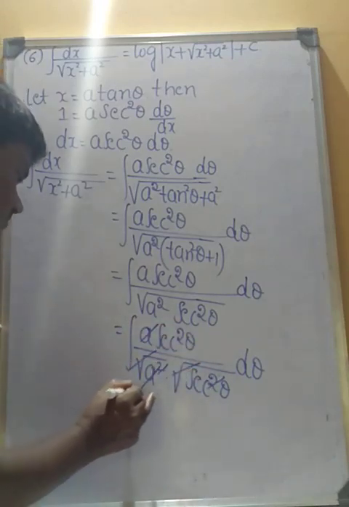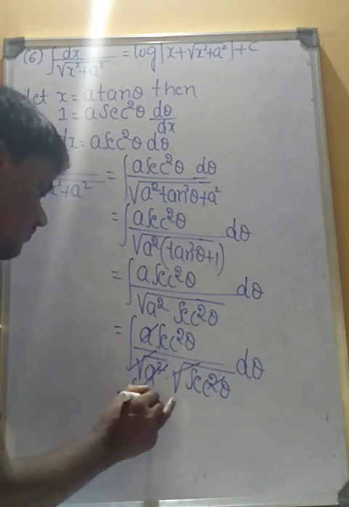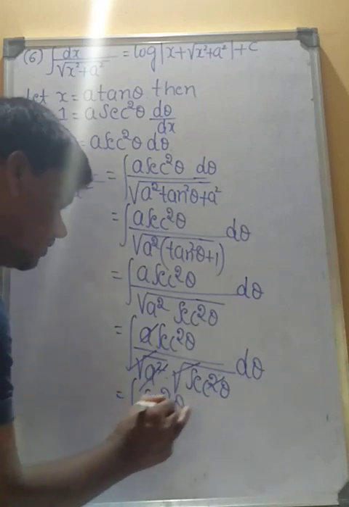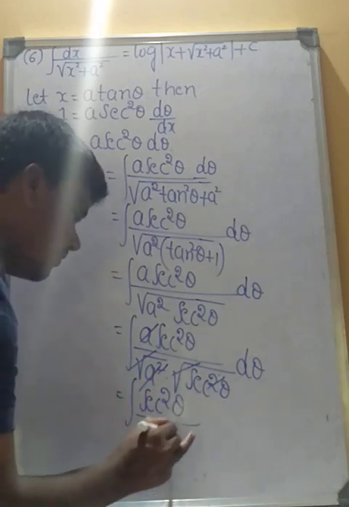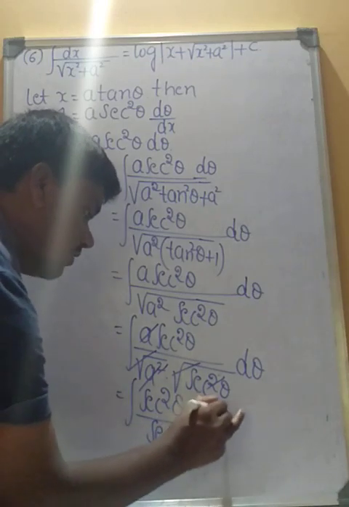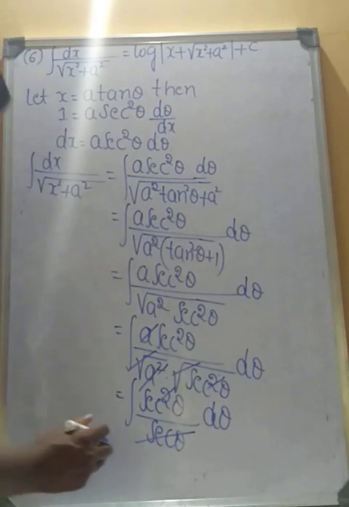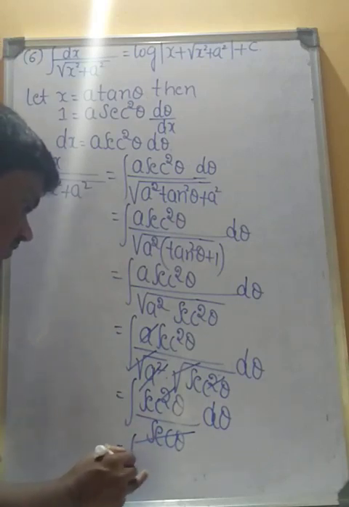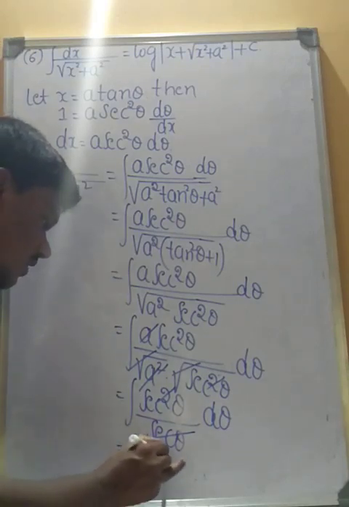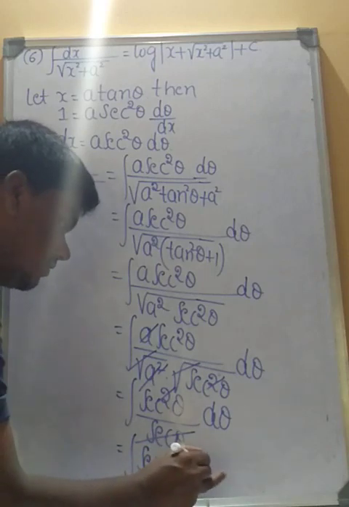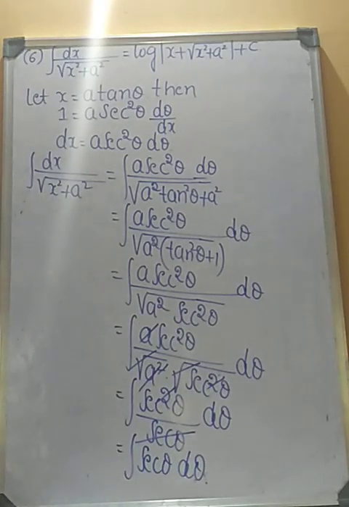That is equal to integral of secant square theta by secant theta into d theta. Here secant theta cancels, integral of secant theta into d theta.